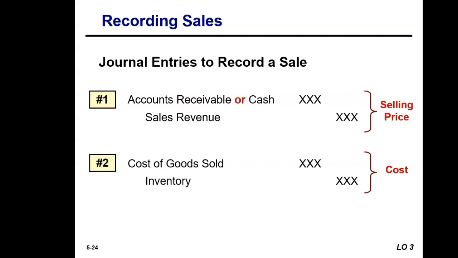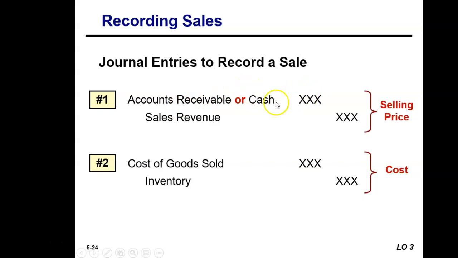Let's now look at transactions on behalf of the seller. When the seller sells product with a perpetual inventory system, it requires two sets of journal entries. One to record the actual sale, and one to recognize and record what's known as your cost of goods sold. So when the sale takes place, it's either going to be made on account or in cash.